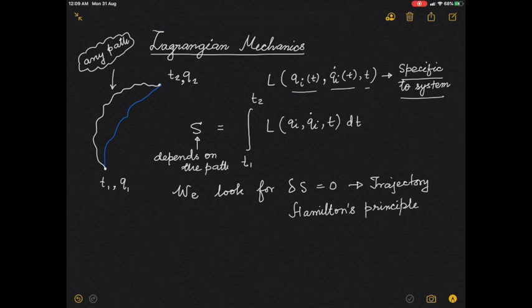Just like for D'Alembert's principle, where we explored all the nearby points where delta W prime was going to be 0, here we are exploring all the paths. I cannot do it for only one path and then find it. I have to do it for all the possible paths, and then when I hit that particular path, that is the actual trajectory.